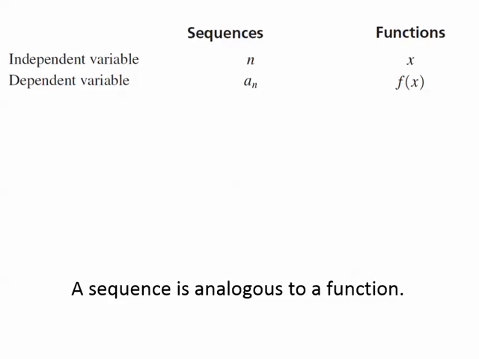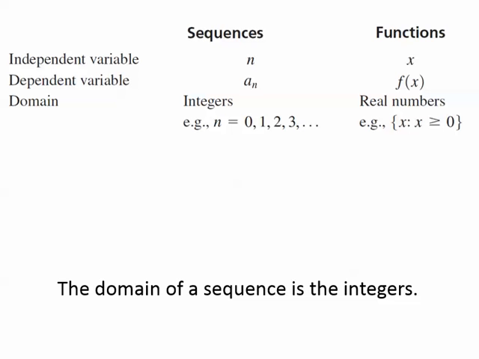With a sequence, your domain is positive integers or integers that start at 0, whereas with functions it could be any real number. So the domain of a sequence involves integers. So a sequence is like a function.